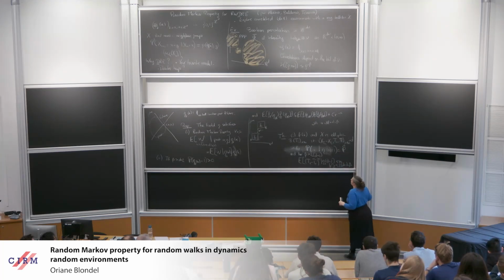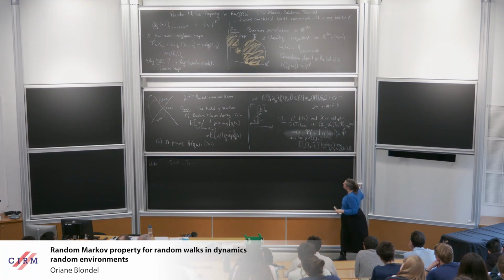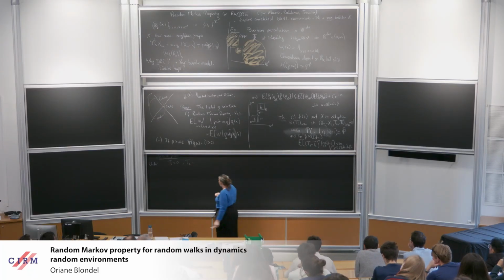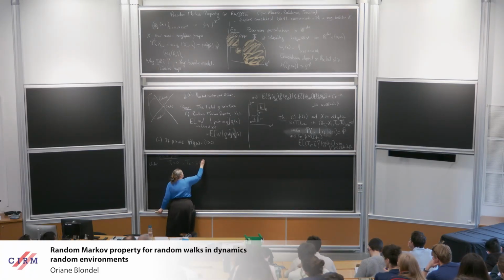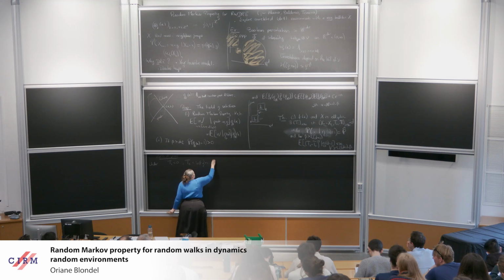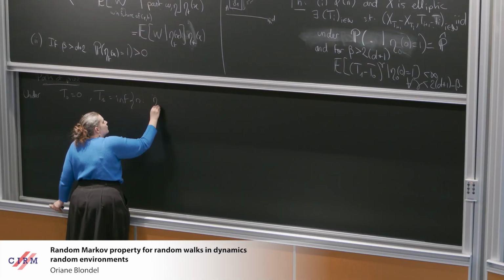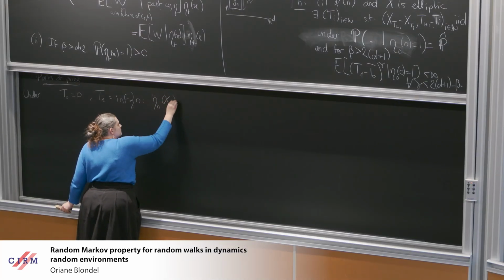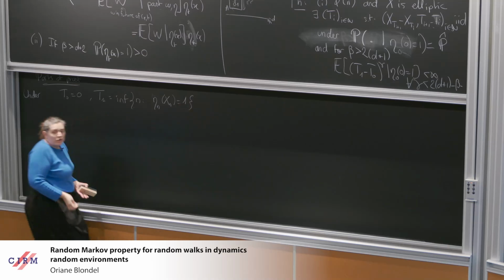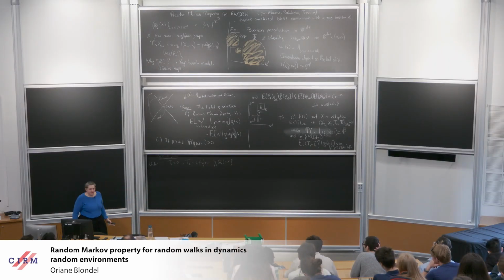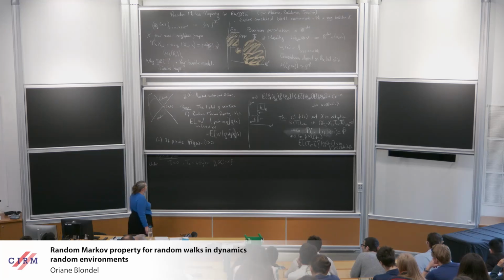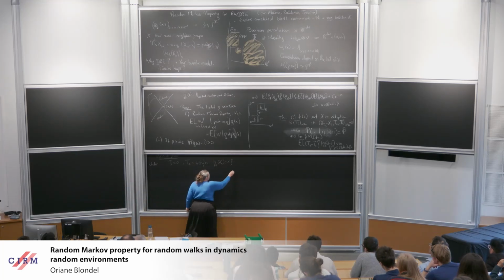Under this measure, I want T0 to be 0, and T1 would be the first time that you hit a point where eta is 1. So it's the first time where you forget your past. It's why I built eta that way. Okay, so that first part is fine.